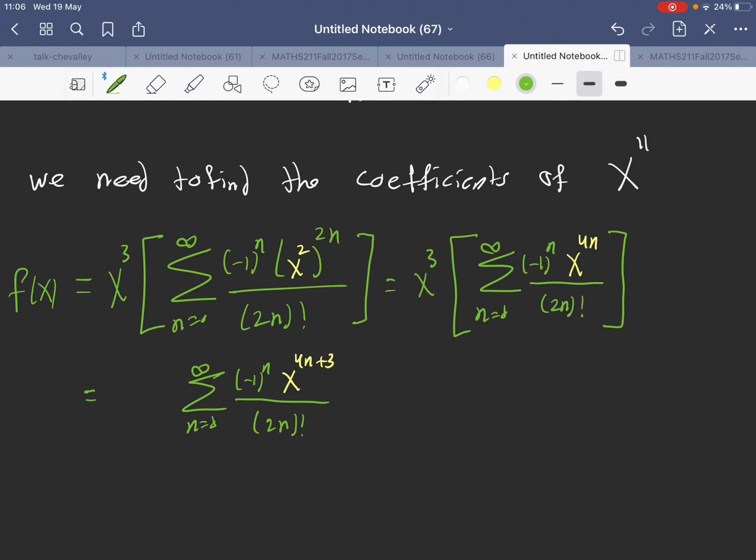So if we expand it, it will be something, something, something. I want x^11. What will be the number in front of x^11? To get x^11, which n will give me x^11? I think 2. So we have to substitute 2. So it gets (-1)^2 over 4 factorial x^11. That is the power of 11.